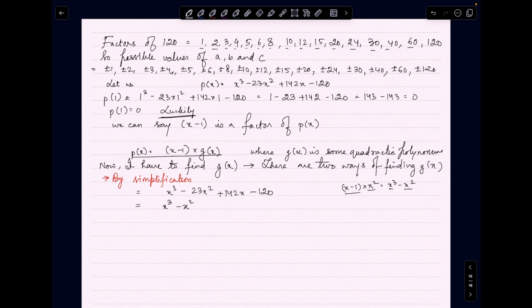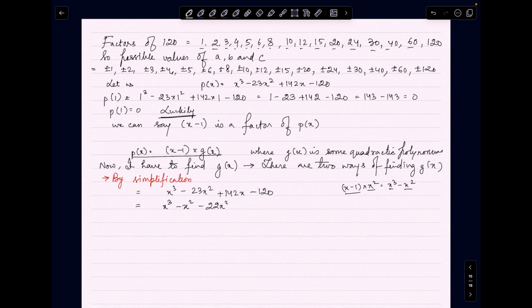So I am going to write x cube minus x square. The x square came from this minus 23, so I am left with only minus 22x square. Similarly, I have to adjust this 142x in such a manner that I will get x into x minus 1.